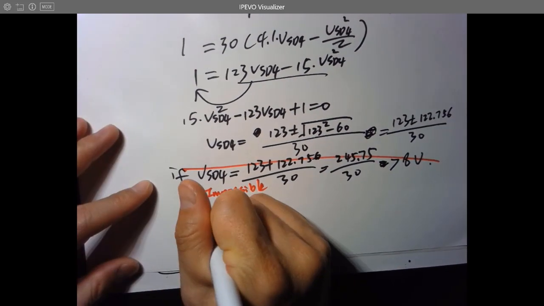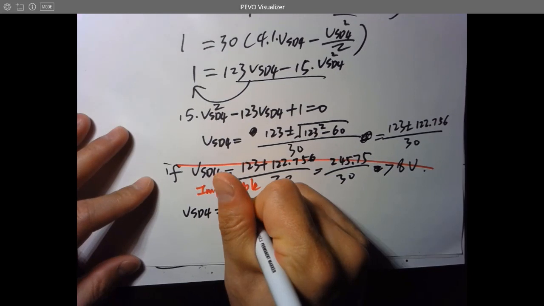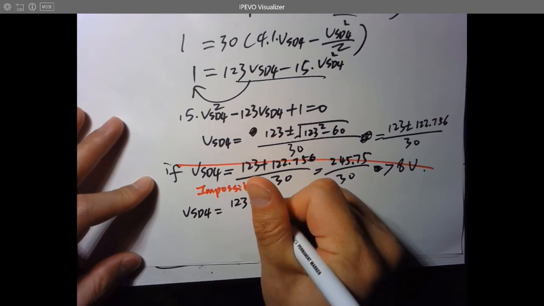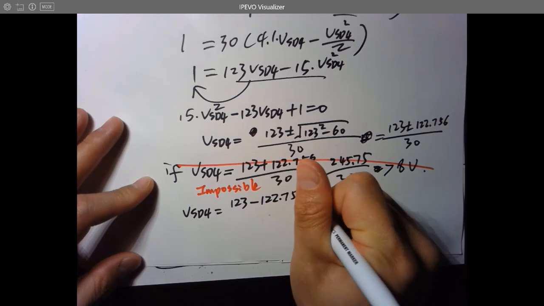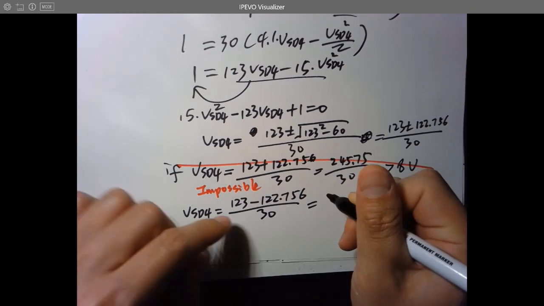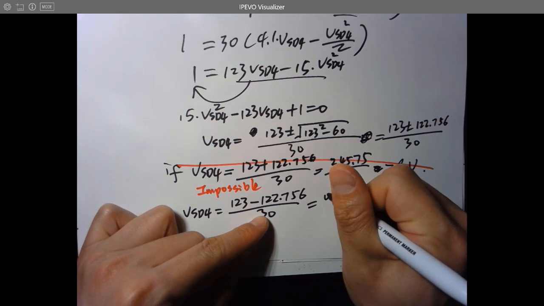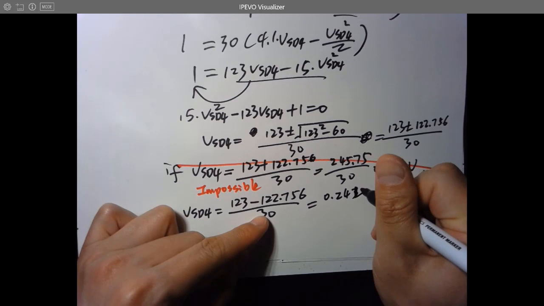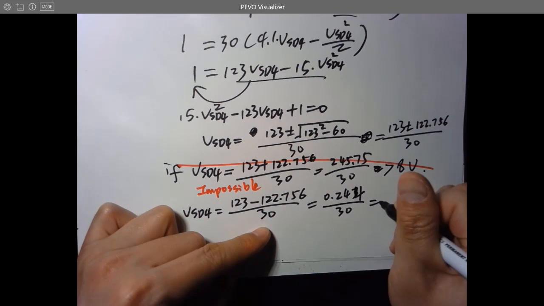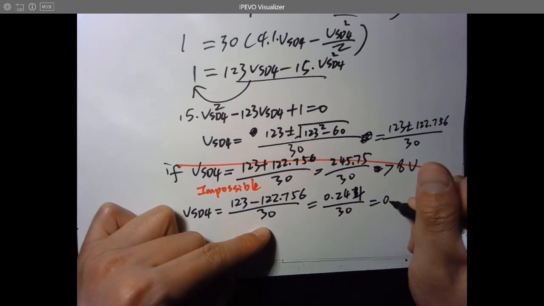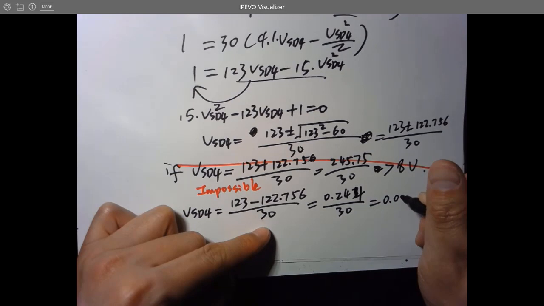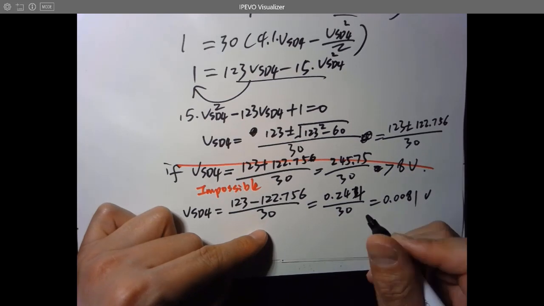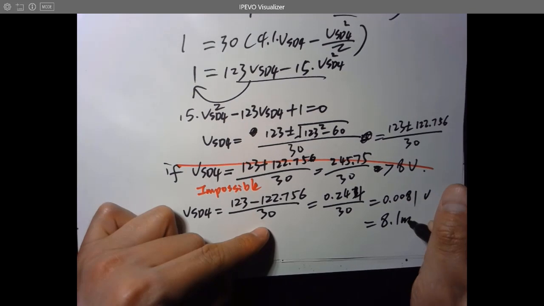So VSD4 will be this minus, which is 0.244 over 30, which is 0.0081 volts, something around 8.1 millivolts.